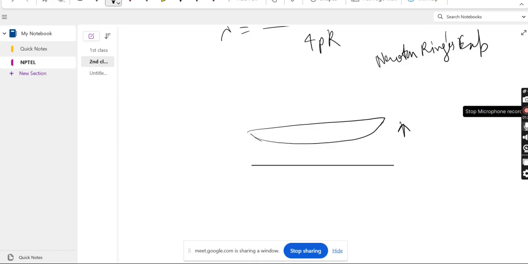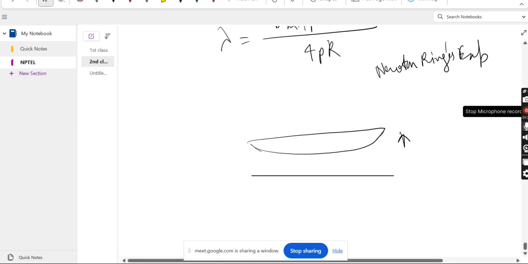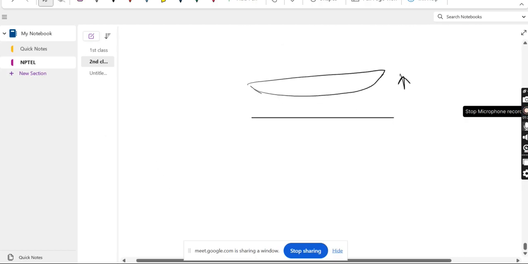It will be bright, and some rings will converge to the center. But it is also possible to measure the lambda then, but there will be a different kind of assumption and calculation.